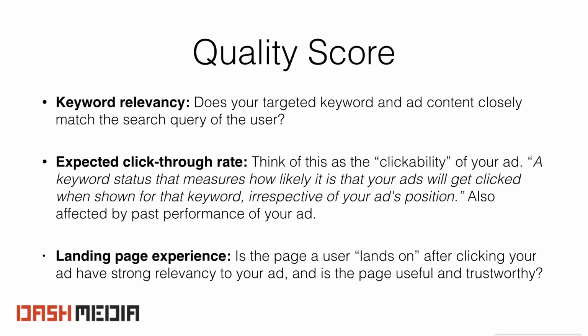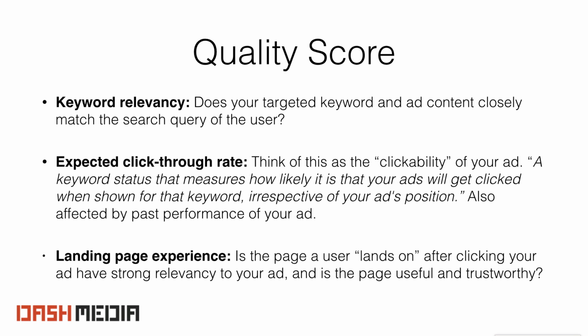So advertiser A is targeting leather jackets, advertiser B is targeting buy leather jackets online. And so what happens here is, if the user's search query is exactly buy leather jackets online, if that's what they type in, then the keyword relevancy of the second ad, ad B, is obviously higher than advertiser A, who is only targeting leather jackets. So that's how that works.